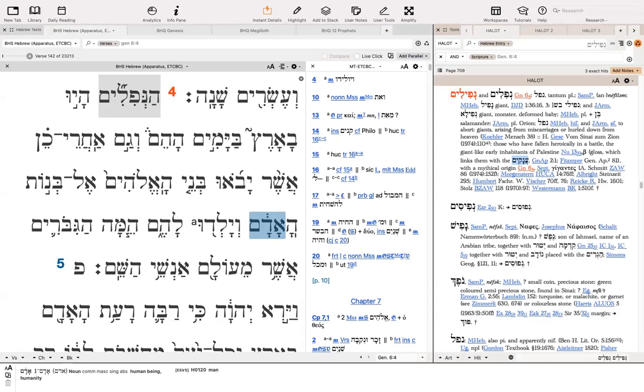So these sons of God came to these daughters, these human daughters, v'yaldu, and they bore, meaning they had children, lahem, to them. So they bore children to them. Now, this verb right here in the qal, which is what it shows up as here, is a third common plural.